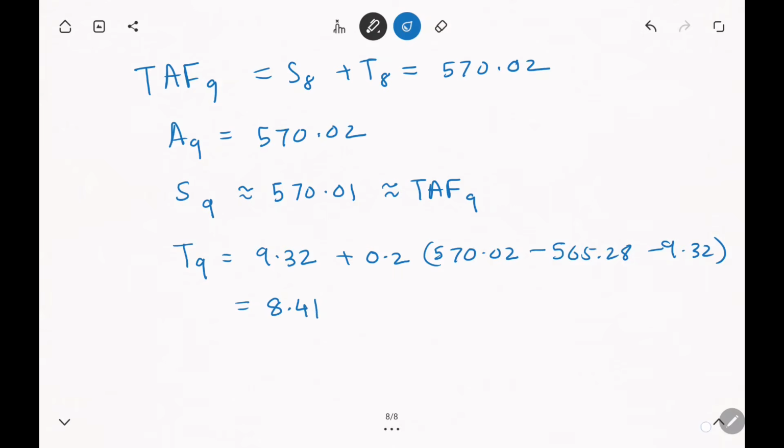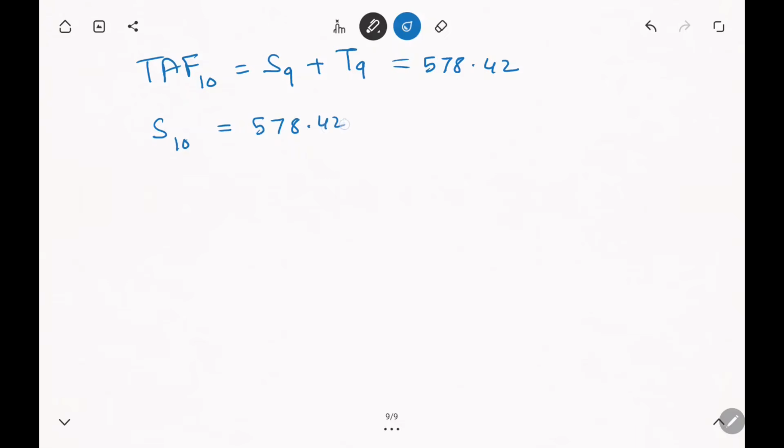For time period 10, the trend adjusted forecast is S9 plus T9, which is 570.01 plus 8.41, which is 578.42. The actual value 575 is slightly lower, giving a small negative error. We update the level one final time. So now 578.42, the forecast value, plus 0.3, that is alpha, times 575 minus 578.42.